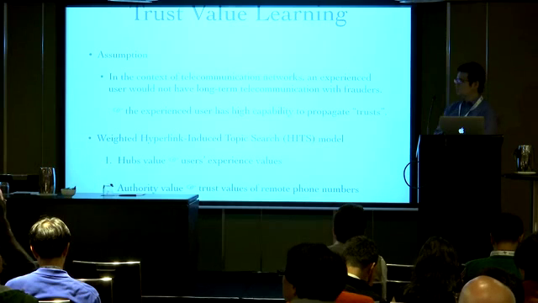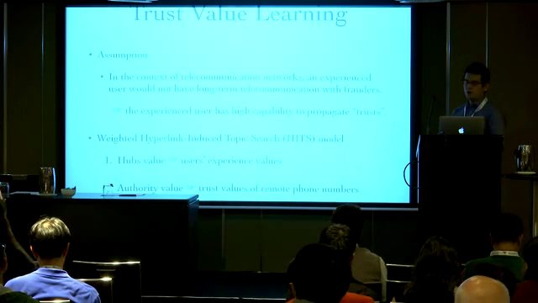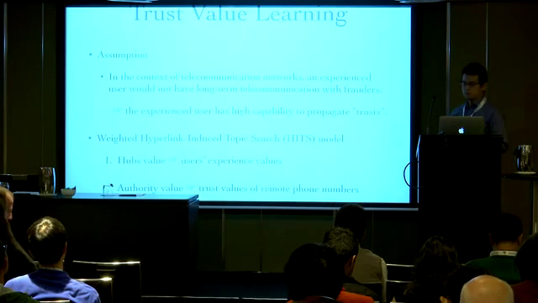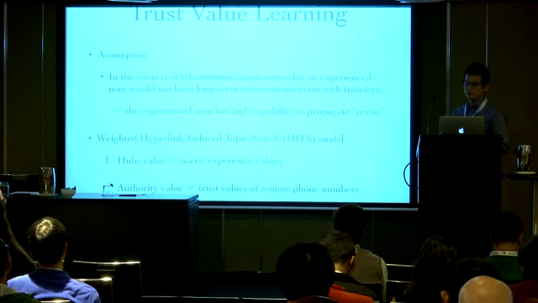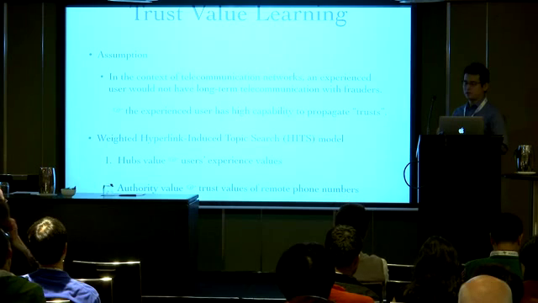Based on our observation, the communication time of a fraud phone call is very short. So we assume that in the context of telecommunication networks, an experienced user would not have long-term telecommunication with frauders.